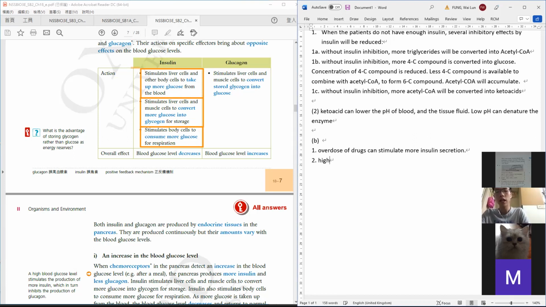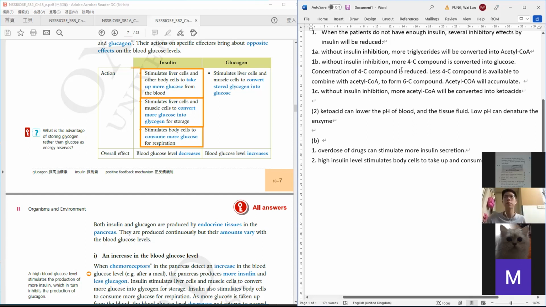A high insulin level stimulates body cells to take up glucose and to consume glucose excessively.